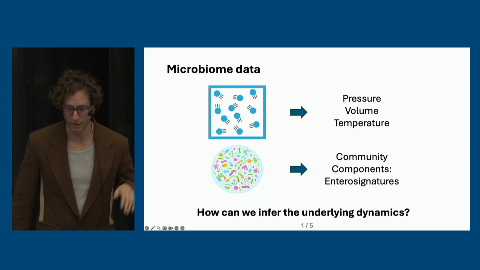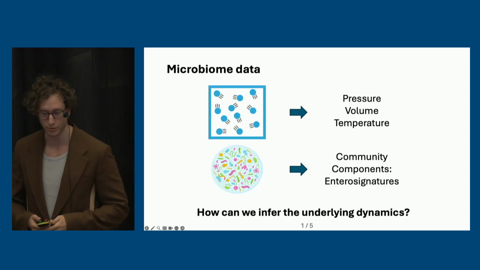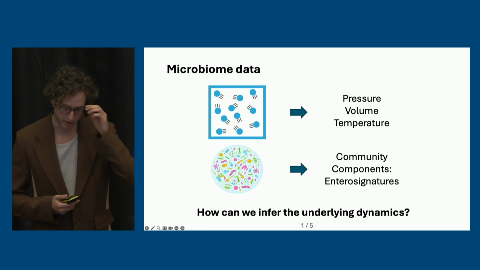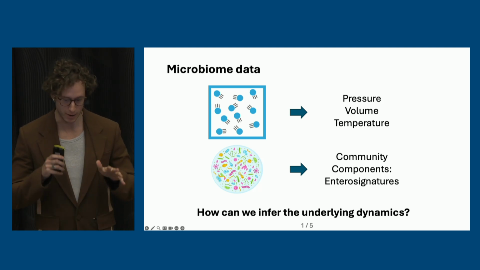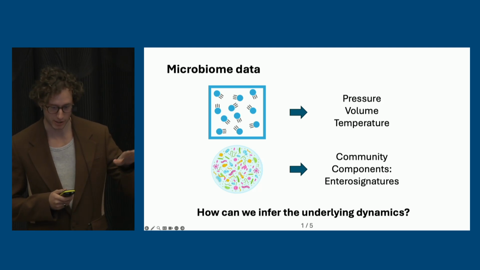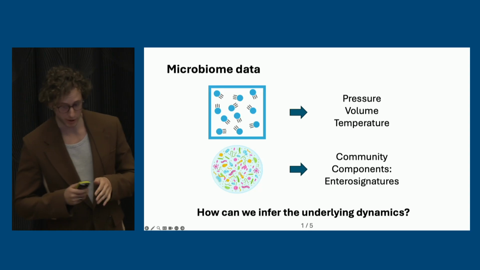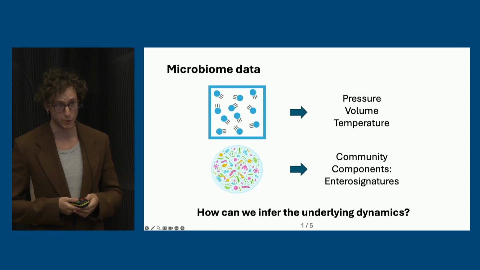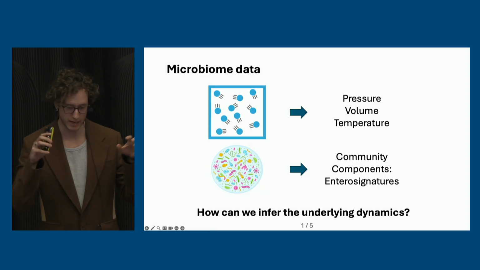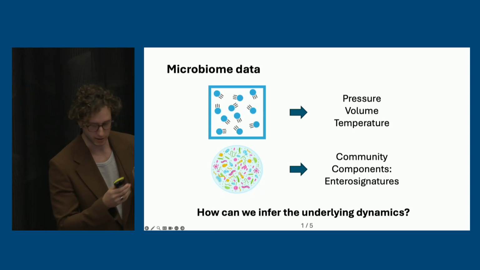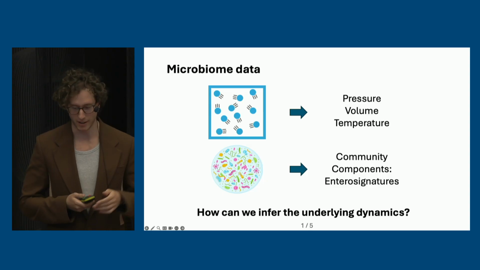So let's say on the order of 90,000 possible interactions. We need to break this down into something similar, and we're going to borrow concepts from statistical physics and do some dimensionality reduction and talk about community components, which we refer to as enterosignatures in the literature. It's a way of taking this community and breaking it down into more bite-sized chunks.